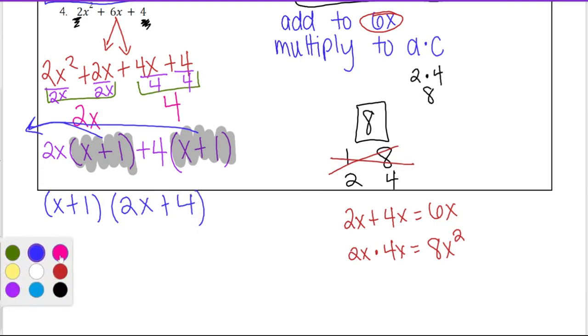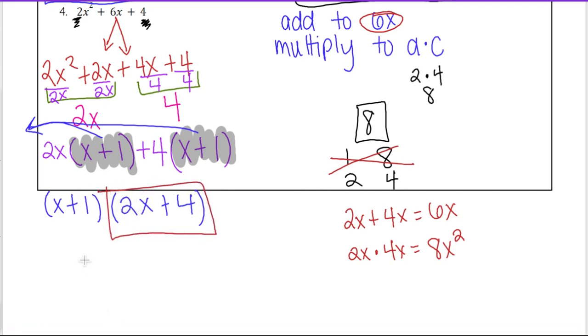Now, something I want to point out here that's important. Technically, this is not fully factored all the way. 2x plus 4, those are both even, so we could actually divide out a 2. We can't just divide it and say, oh, it's gone, because this is not an equation where we can balance that on the other side. So what we do instead is factor a GCF out of this set of parentheses right here.